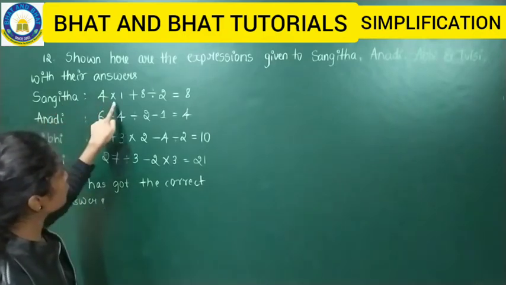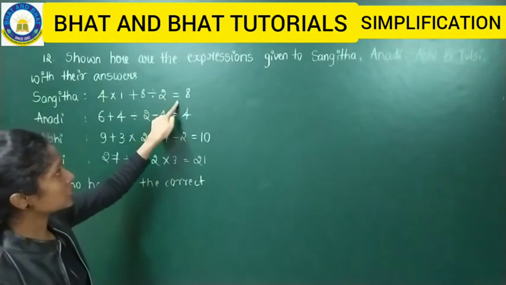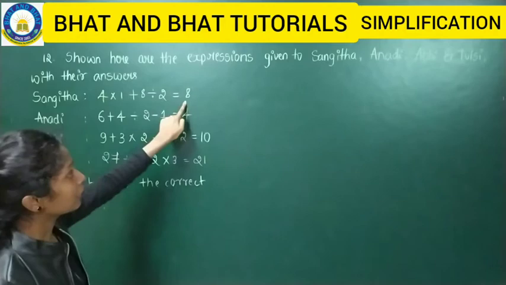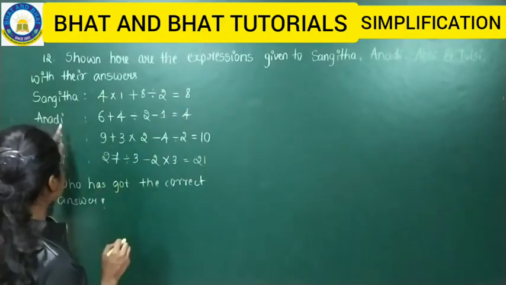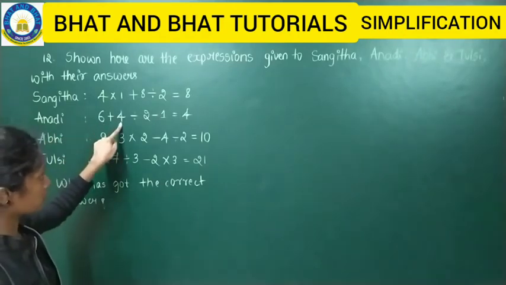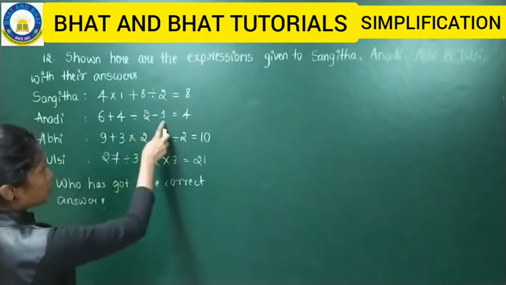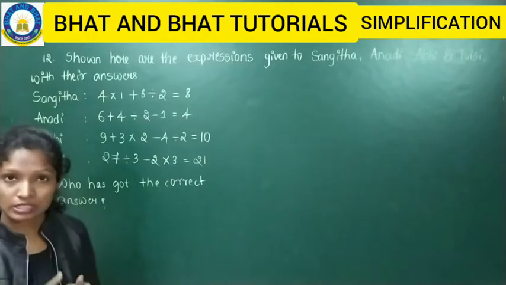See, for Sangeeta it is 4 into 1 plus 8 divided by 2, which is equal to 8. That means when you solve this equation, if you get 8, then Sangeeta's answer is correct. In the same way for Anadi, they have given 6 plus 4 divided by 2 minus 1, and if you get 4, then Anadi's answer is correct.